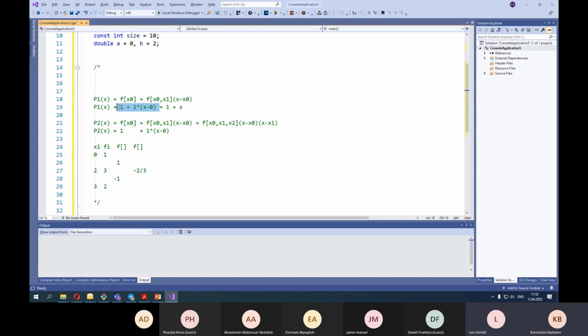So the initial part of this formula is the same.